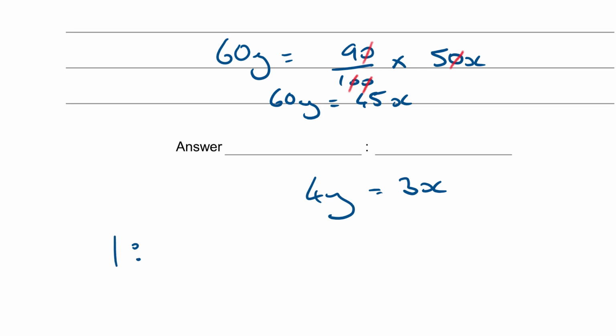If the value of x was 1, what would the value of y be? Then y would be 3/4 of x, or in other words, 3/4. So we get the ratio of 1 to 3/4. Multiplying both sides by a factor of 4, which we can happily do with a ratio, just scale it up. That gives us 4 to 3 as the ratio of x to y.